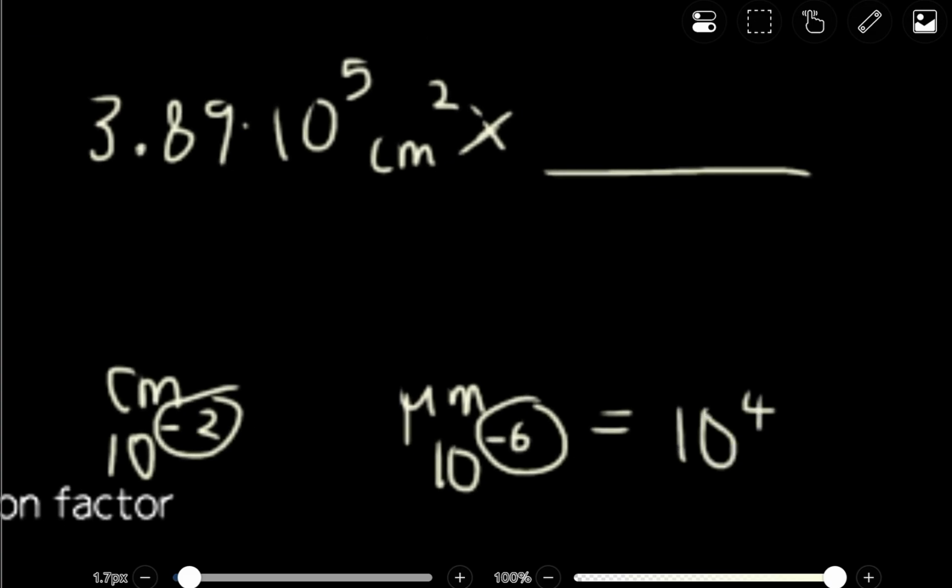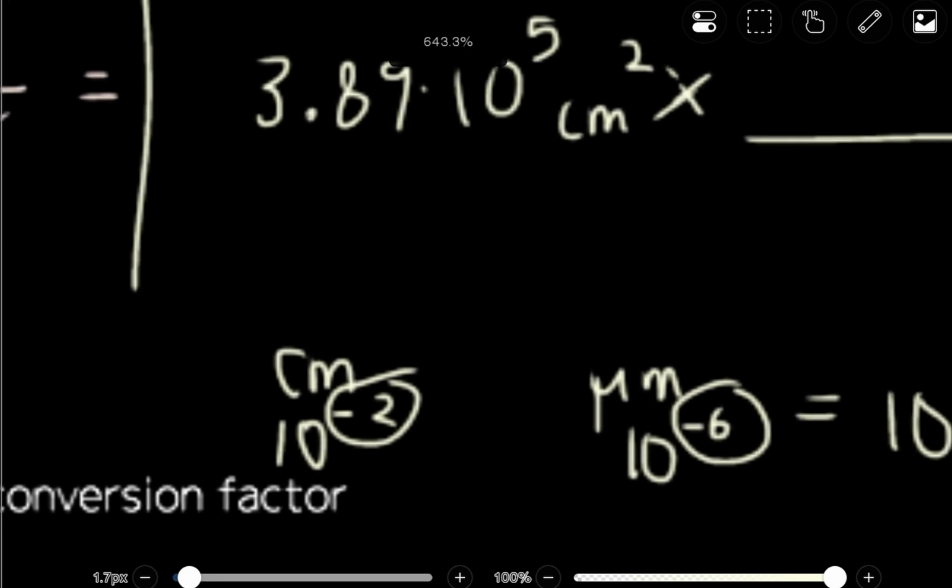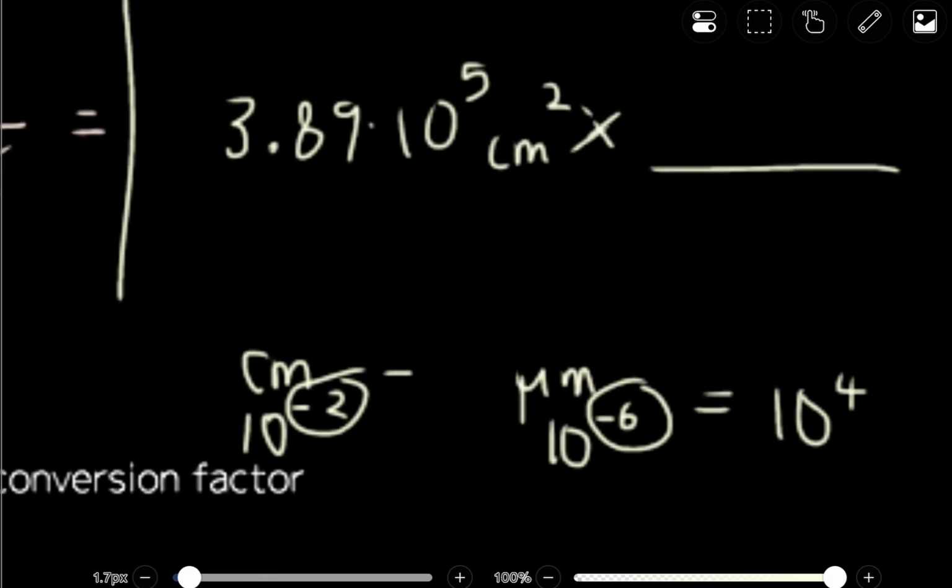Their difference will be 10 to the power of 4. And since centimeter is the bigger unit here, 1 centimeter is going to equal 10 to the power of 4 micrometers. Or you can say 1 micrometer is equal to 10 to the negative 4 centimeter.